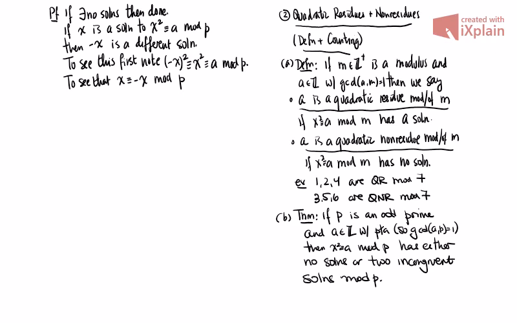think about what would happen if it were the same. If they were congruent, right, then what we would have is, if you add an x to both sides, 2x is congruent to 0 mod p. So that would tell us that p divides 2x.